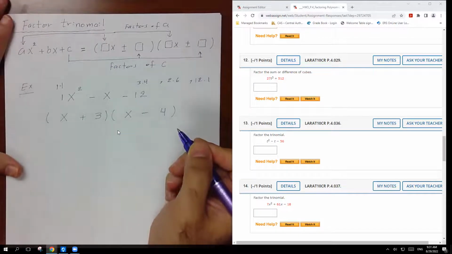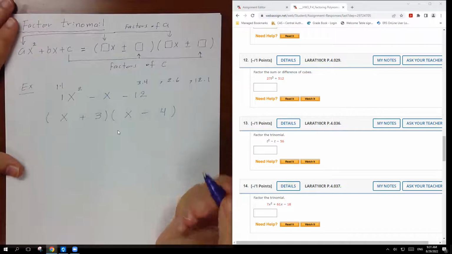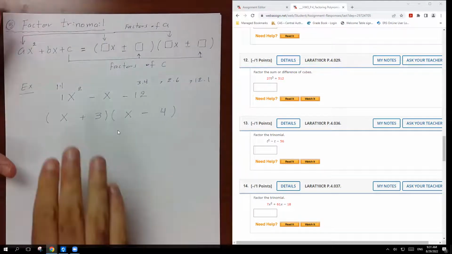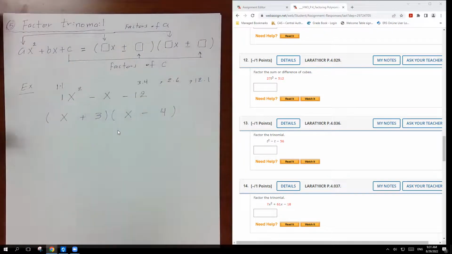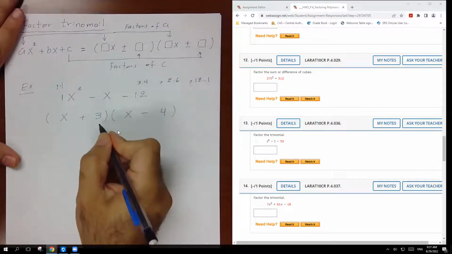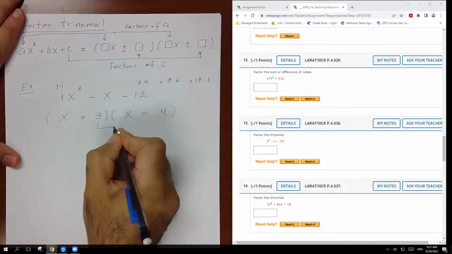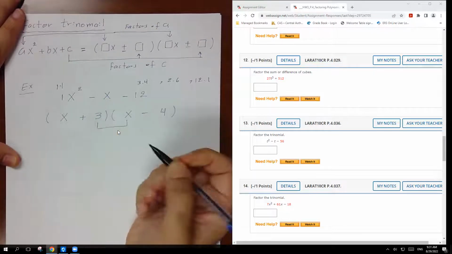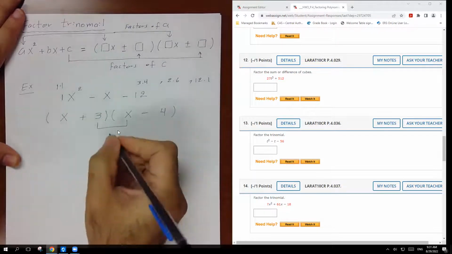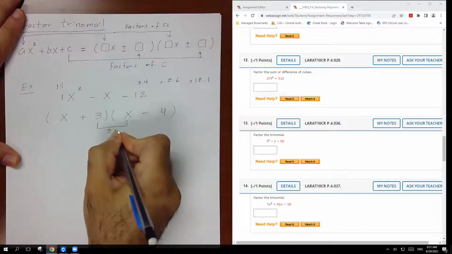So I'm going to check, is that the right solution? Now you're done, you did all the steps here, but you need to check the sign. Is that the right solution? What are you going to do? This is the important step because maybe you're going to change the sign. So I'm going to multiply the closest term here. 3 times x is going to be 3x.